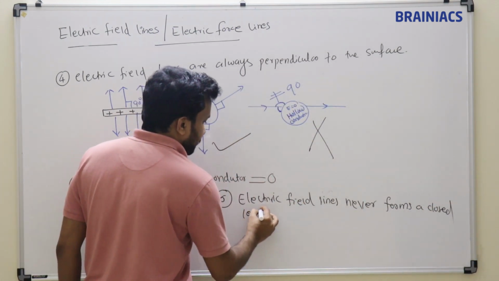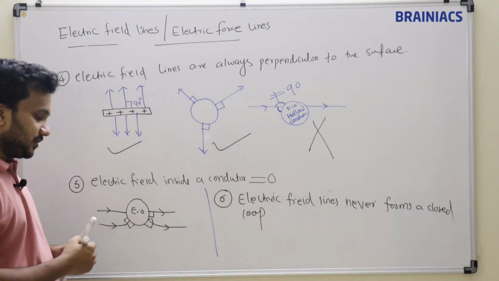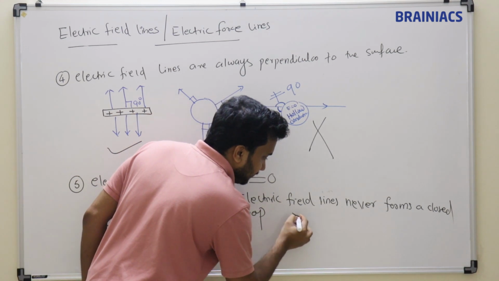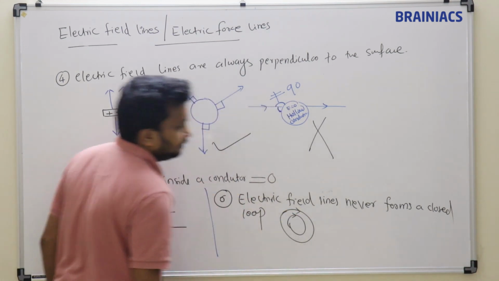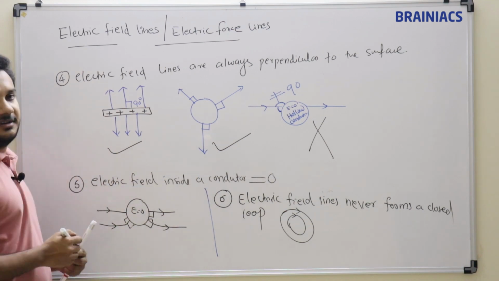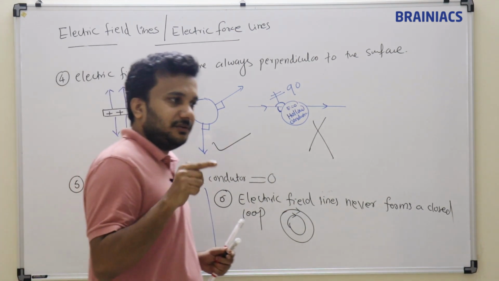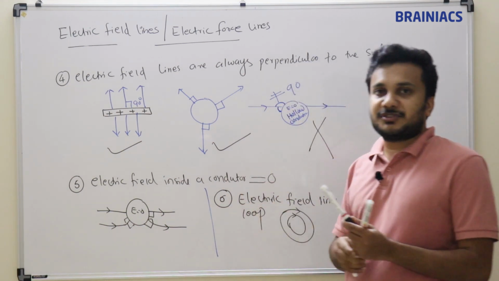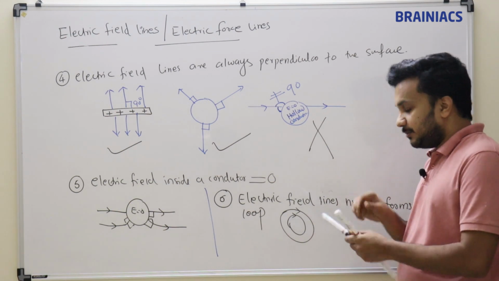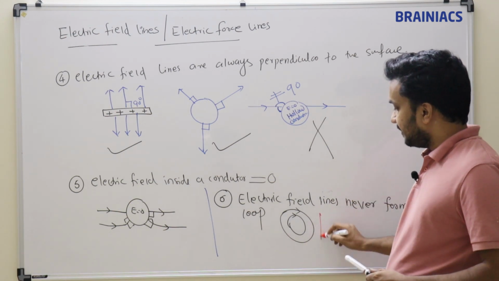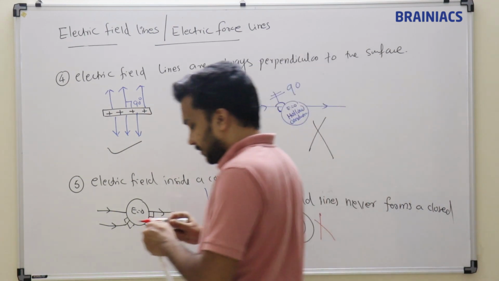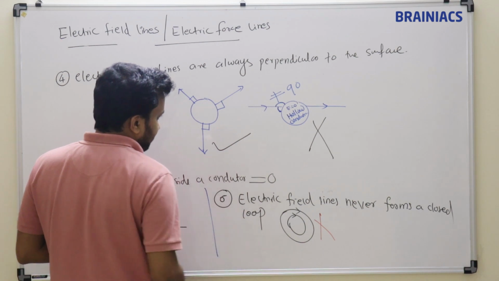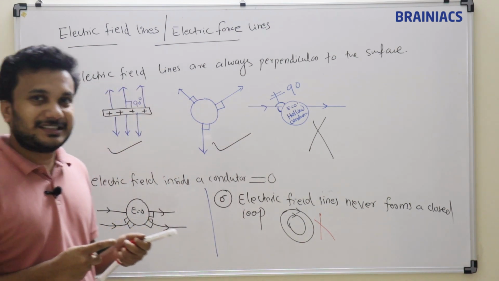Electric field lines will never form a closed loop, which means you cannot see an electric field line like this. If this kind of diagrammatic representation appears in your entrance examination question paper, then it is wrong. This is not a correct representation of electric field lines. If somebody draws the diagram of electric field lines like this, then it is wrong. It's not possible. This is the 6th point.